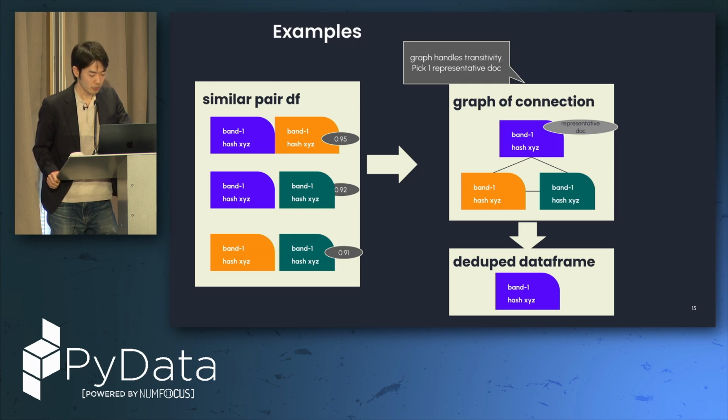So purple, green, orange should now create one graph cluster because they have identical band hashes and are above the threshold of 90%. We're going to run union find, then pick one global representative. In this case, purple is the final global representative document. So that's how deduplication works.